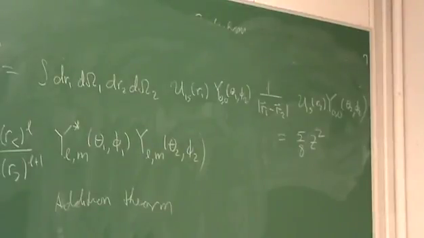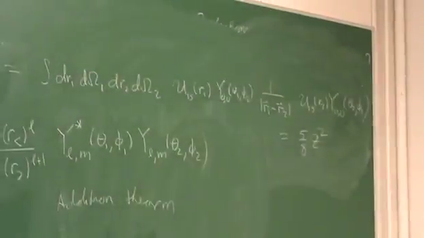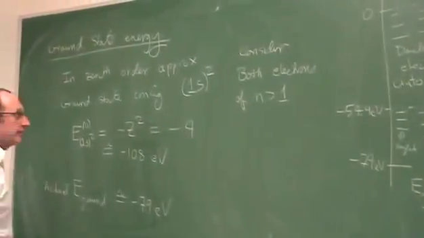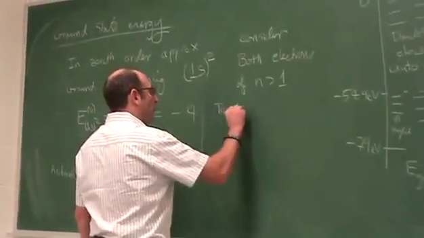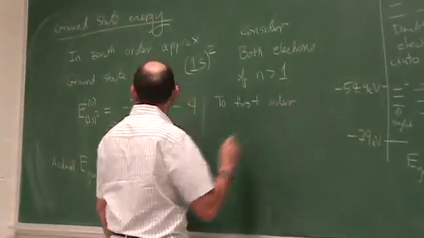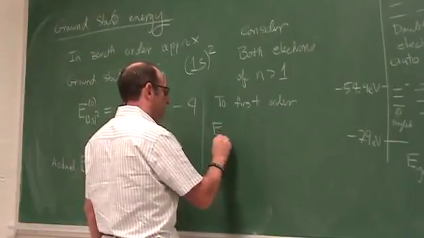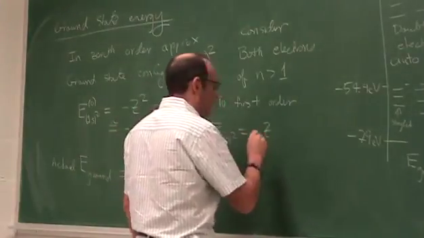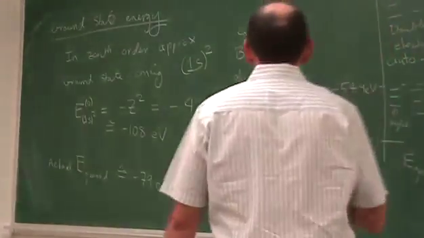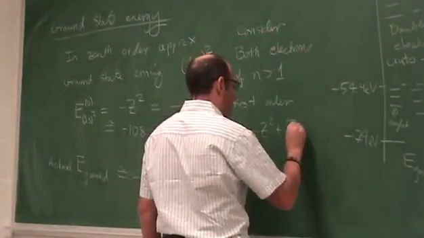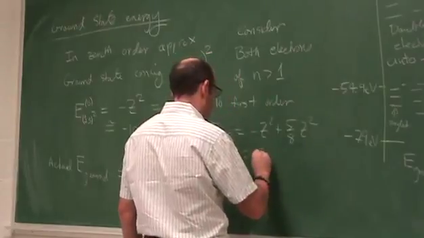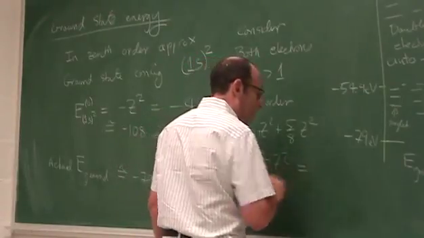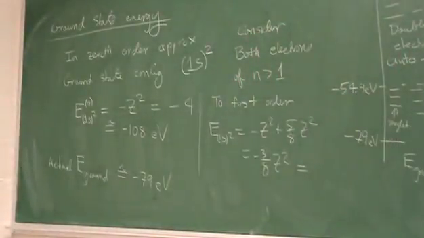So we put that together, and we come back over here to say that to first order it is minus Z squared plus 5/8 Z squared, which is minus 3/8 Z squared, which is equal to, what the heck is that equal to? I don't have that written down here.